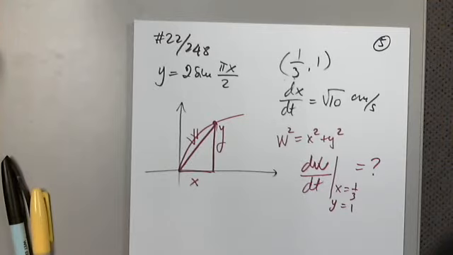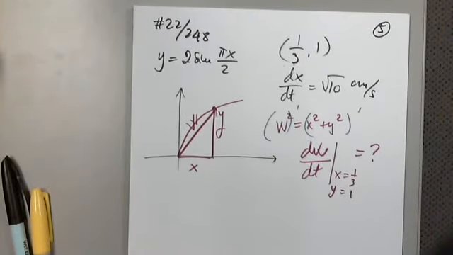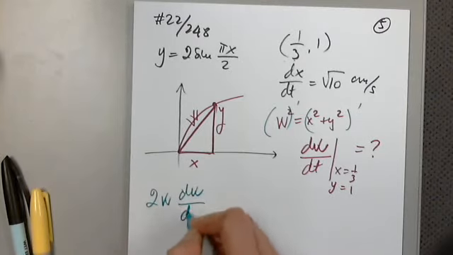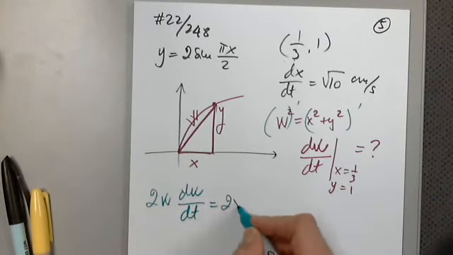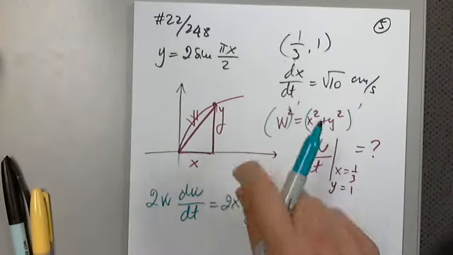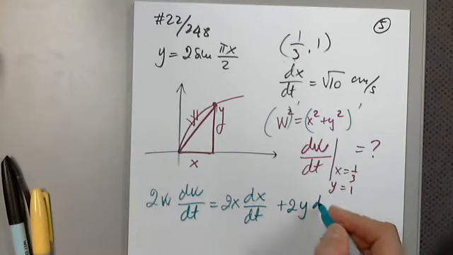I will differentiate both sides. And I will get 2w dw over dt equals 2x dx over dt, because when the particle moves, x and y and w all depend on time, they all change, plus 2y dy over dt.